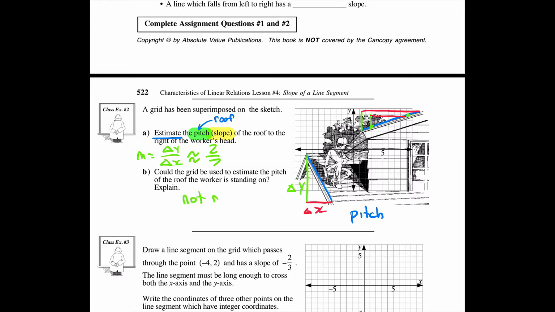So, not really. And I would even say with the first one, not really as well. Okay, but like I said, at least this first one right here is definitely a little bit better in perspective than the second one.